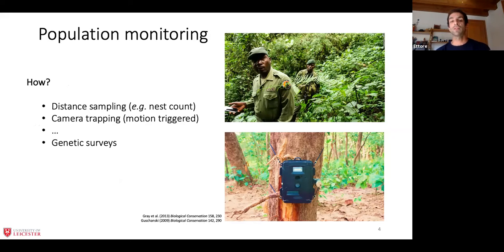There are different methods that can be used. For example, there's distance sampling, like nest counting, or camera trapping. There are also other methods. These methods have been applied for years now, and they're fairly simple to use, but they all involve some sort of uncertainty when it comes to individual identification, and so to accurate counting.